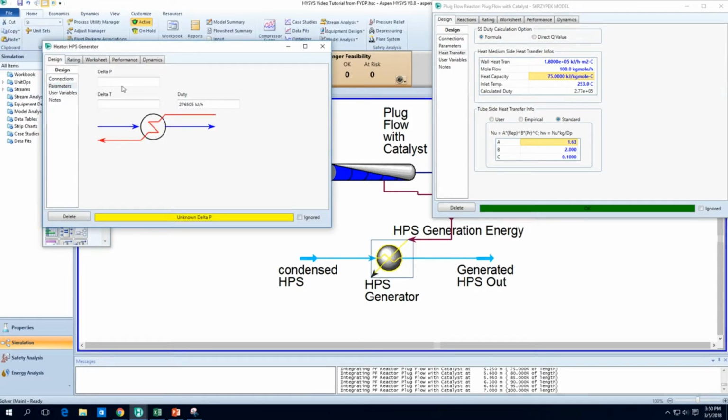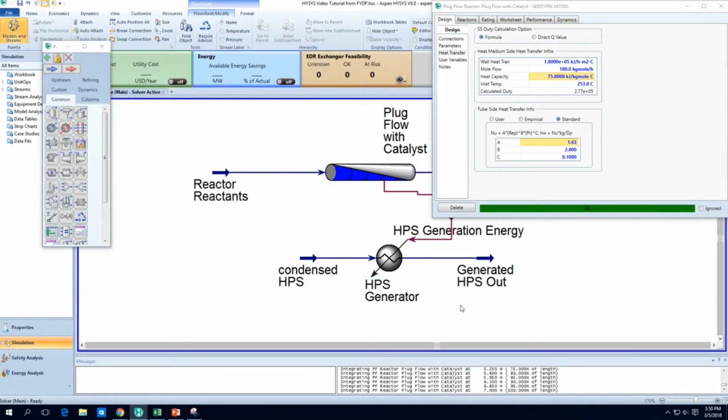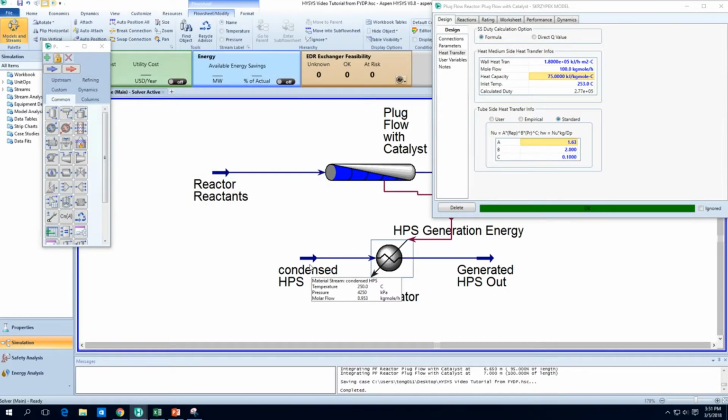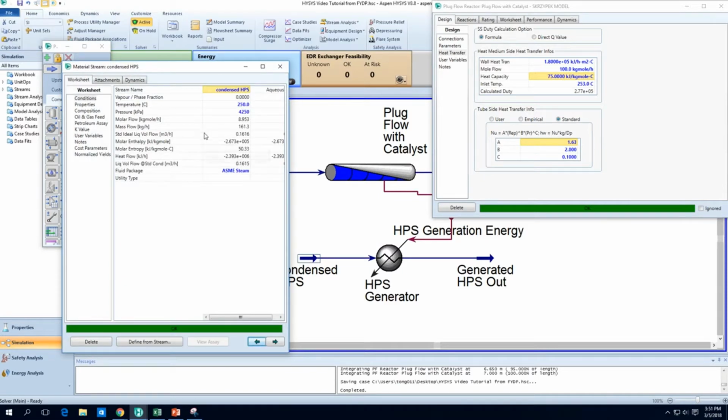I'm going to put a delta P, a pressure drop of about 100 kilopascals, which is quite reasonable for a condensing unit. Sometimes it's 80. So basically, we have a pressure drop and we have steam being generated from this unit. So now we have this steam that's being generated. This is just an initial guess.